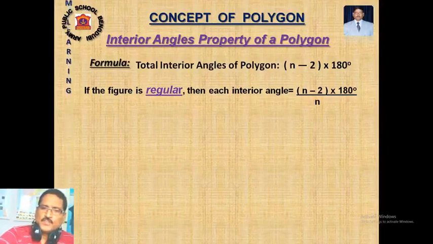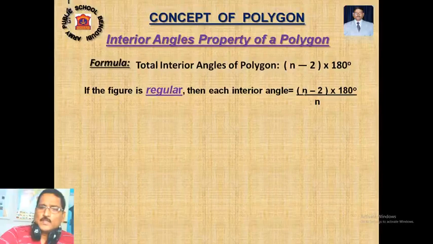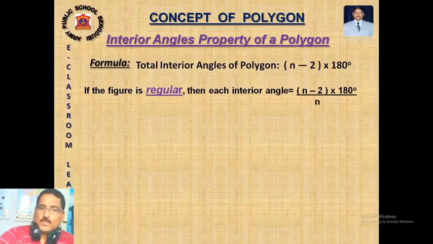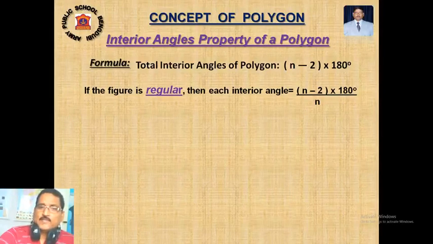Similarly, in case of interior angle, the total interior angle is n minus 2 into 180 degree. If I divide by n, then you will get each interior angle of a regular polygon. A regular polygon. Okay, mind it. If it is not mentioned as regular, I cannot find out each interior and each exterior angle. I can only find out the total interior and total exterior.